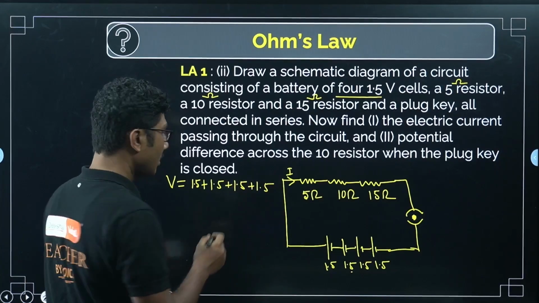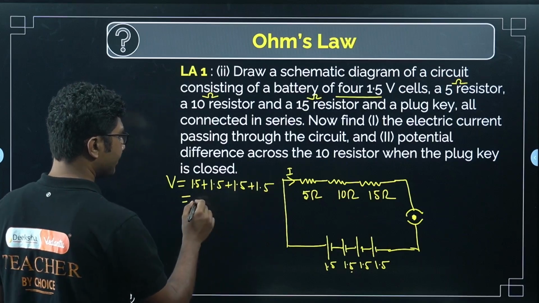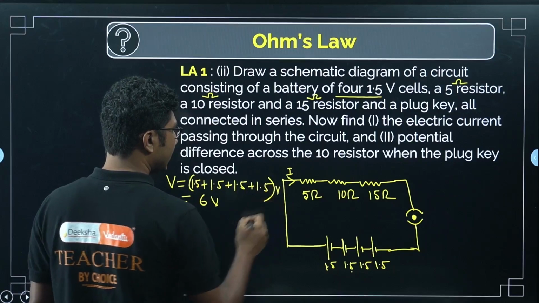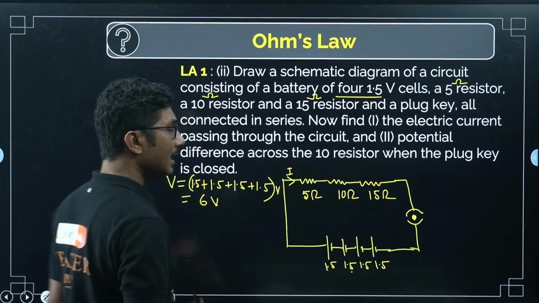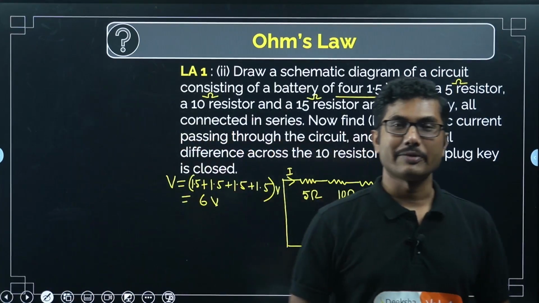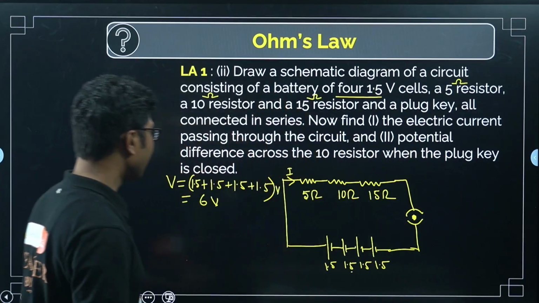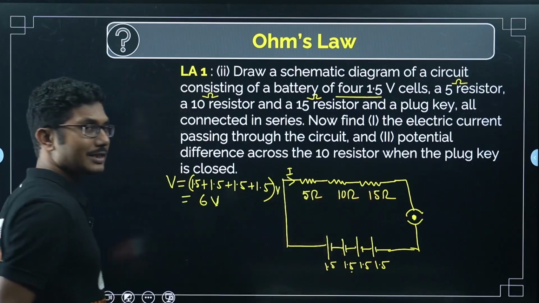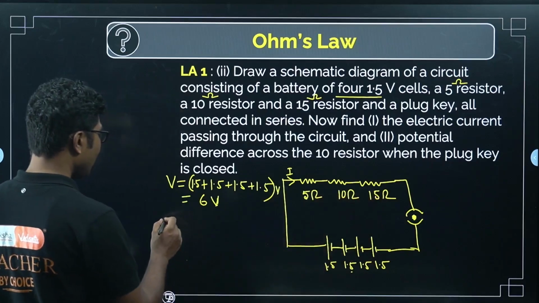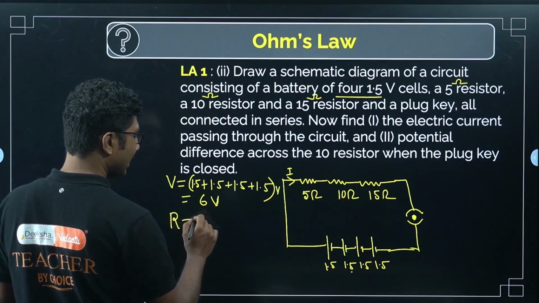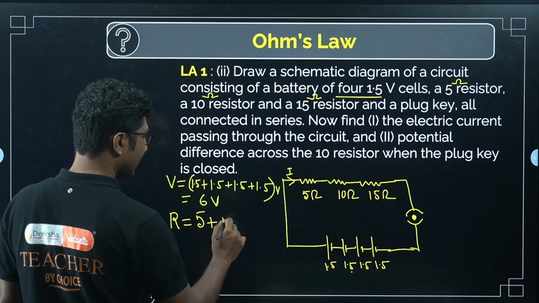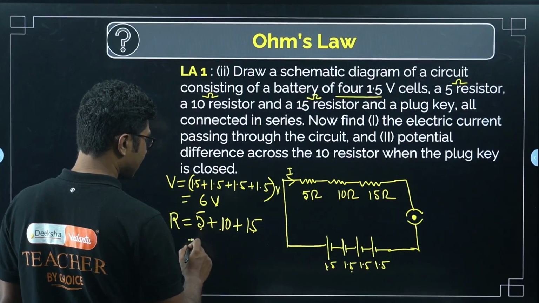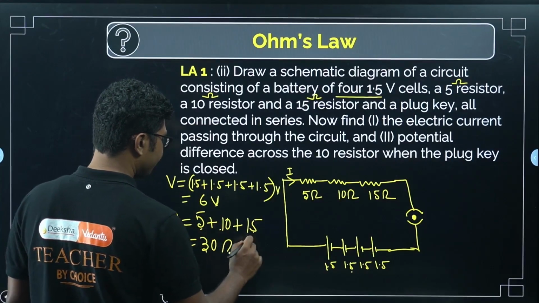Since everything is the same, you can multiply 1.5 by 4 also. So 6 volts is the potential difference. Next, these three resistances are connected in series, so the equivalent resistance is 5 plus 10 plus 15. 5 plus 15 is 20, 20 plus 10 is 30. So the resistance is 30 ohm.